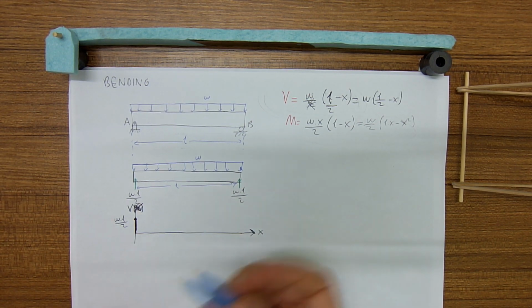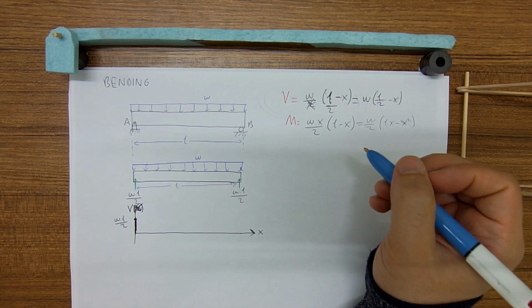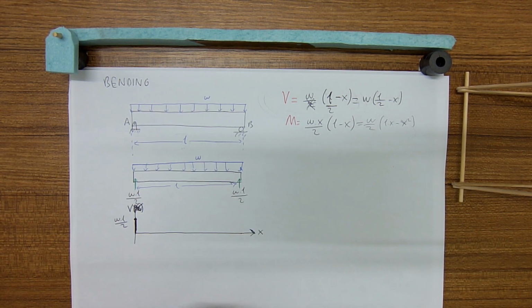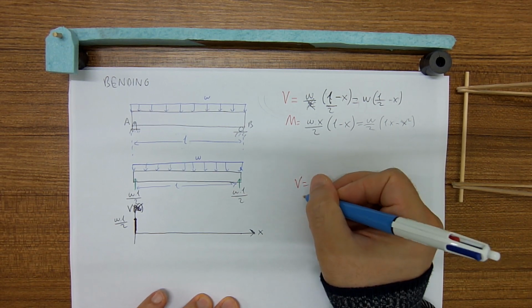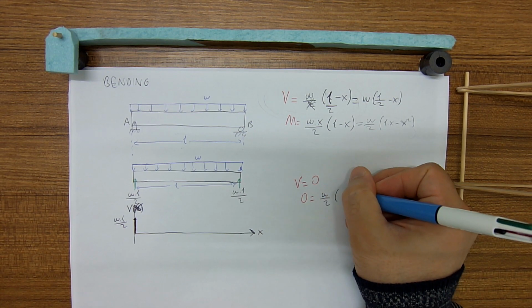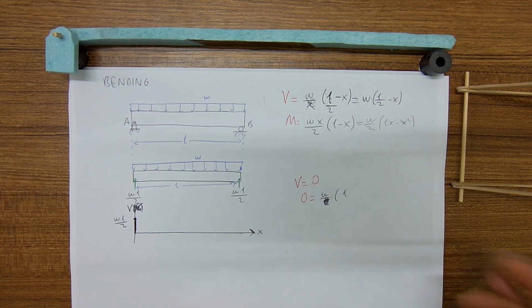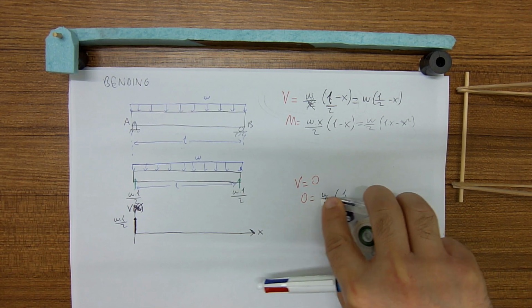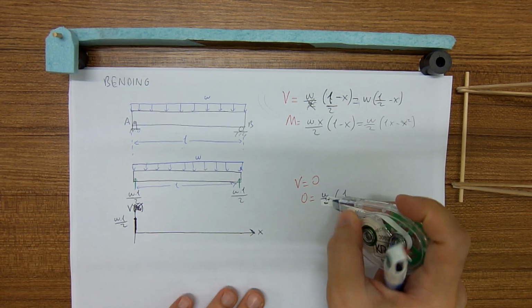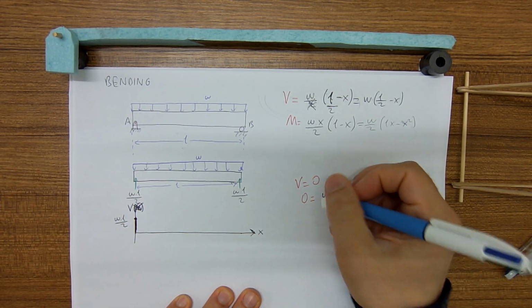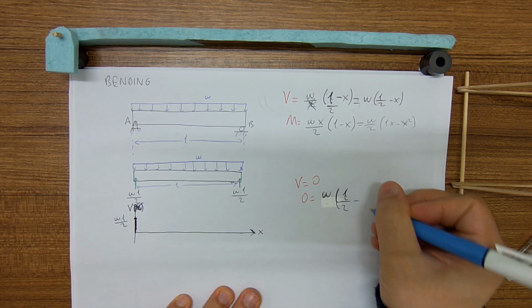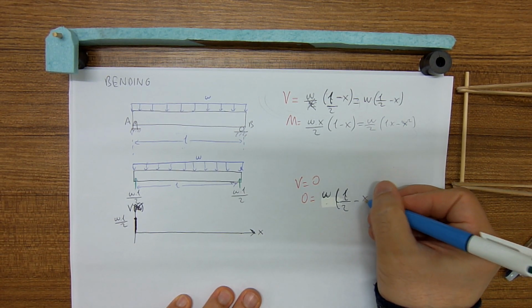At one point it may be 0, we need to find it. Therefore V equals 0, so 0 equals W times (L over 2 minus x).